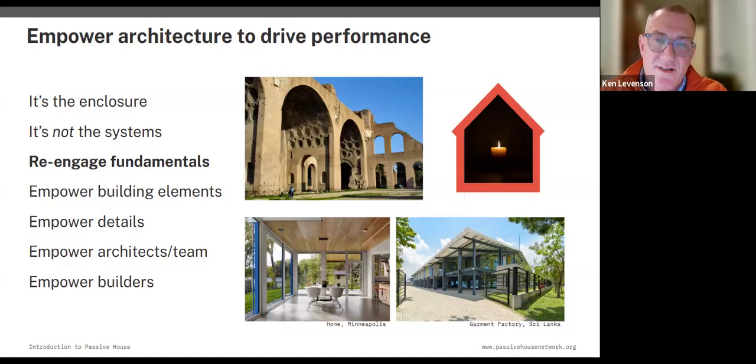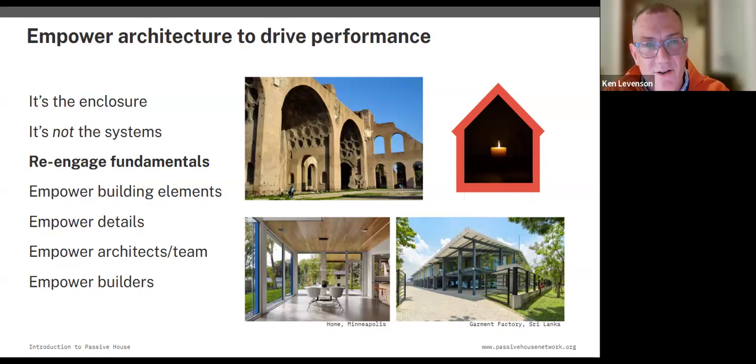We're saying, no, this is like pre-World War II, pre-massive mechanical systems. How do we go back to the fundamental building details, the forms, and execute so that the architecture is delivering the performance? And I think it can be quite liberating in a way.